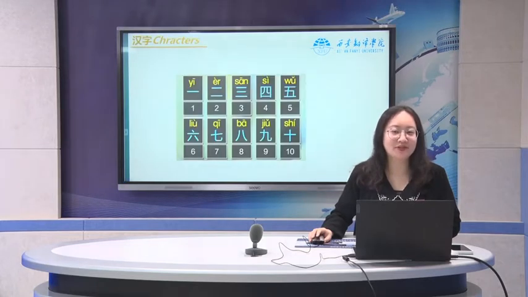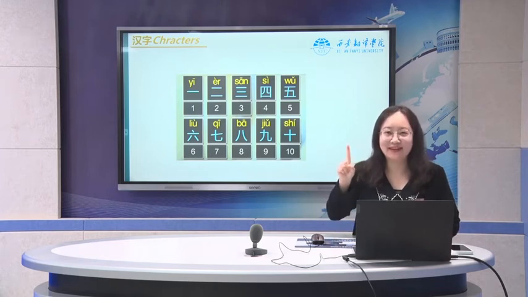Now we learn some Chinese characters about numbers. And in China, we just use one hand to show the numbers. We have some gestures. 1、2、3、4、5、6, please memorize.